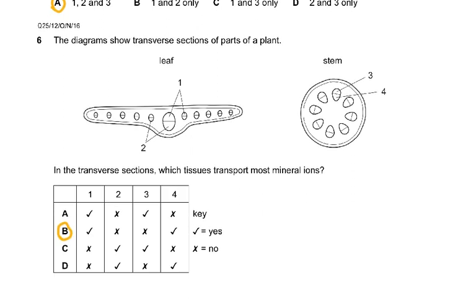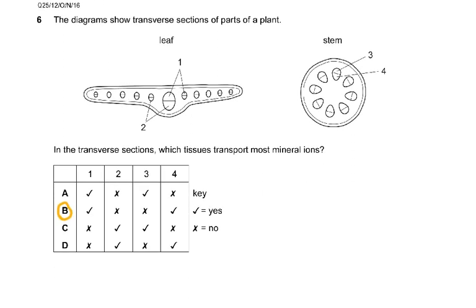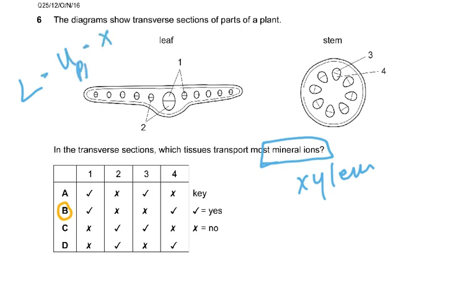Then number 6, the diagram shows transverse sections of parts of a plant. In the transverse section, which tissues transport most mineral ions? So that, of course, is the xylem. So you can see in the leaf, it is the leaf upper xylem. So the upper parts are the xylem.